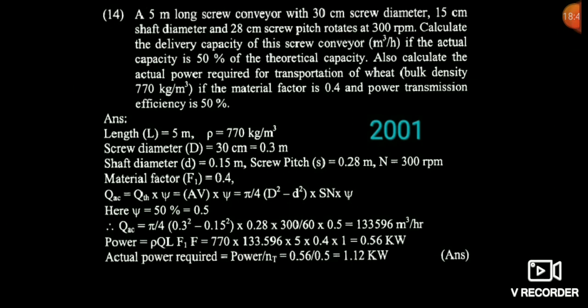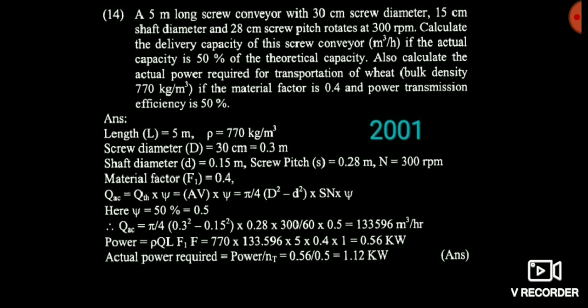You simply go by basics, that is you calculate the theoretical capacity, that is pi by 4 into capital D square minus small d square into pitch P into N, means revolution per second, into its capacity, that is 0.5.